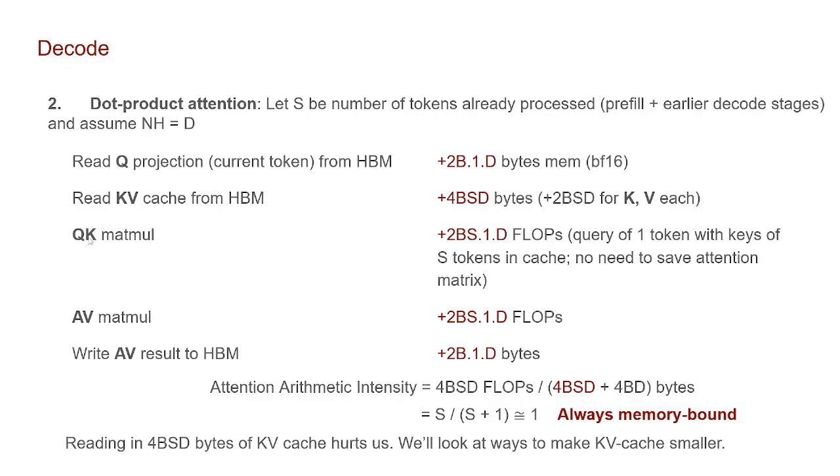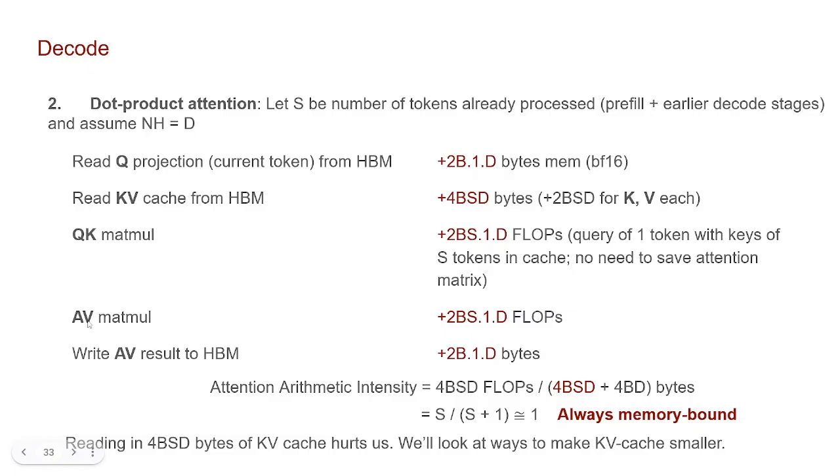To multiply Q and K, we incur 2 times BSD flops. So for every sample in the batch, I am taking the query of the last generated token with keys of S tokens. And we don't consider saving the attention matrix back to HBM because of flash attention. It's still in shared memory, the A matrix.